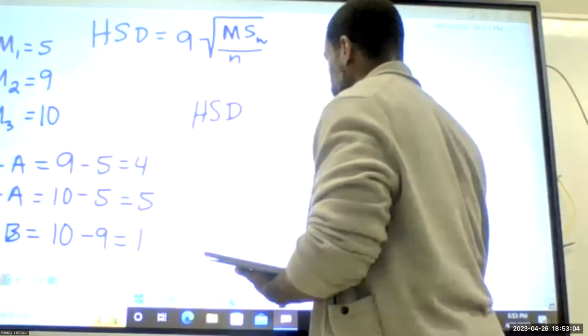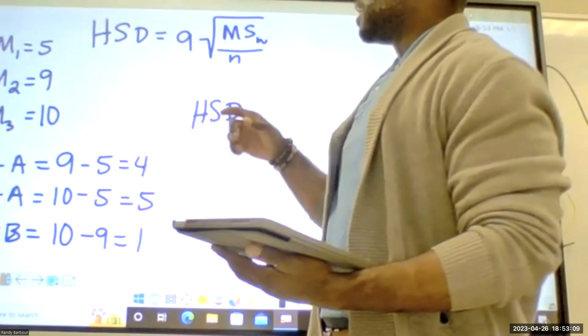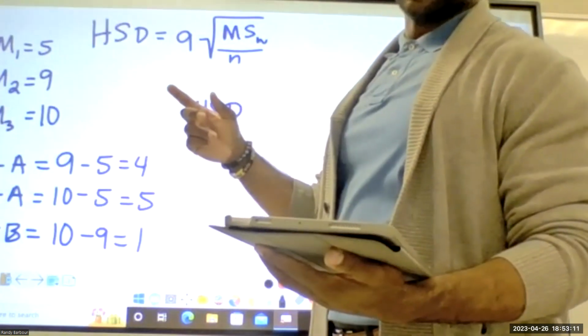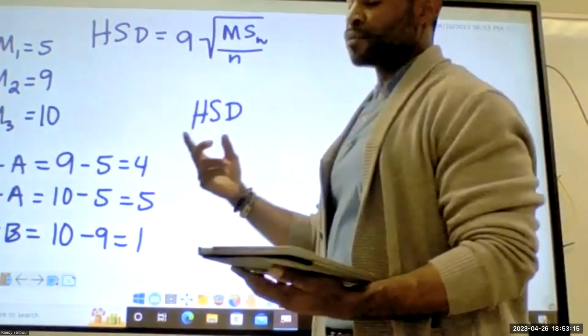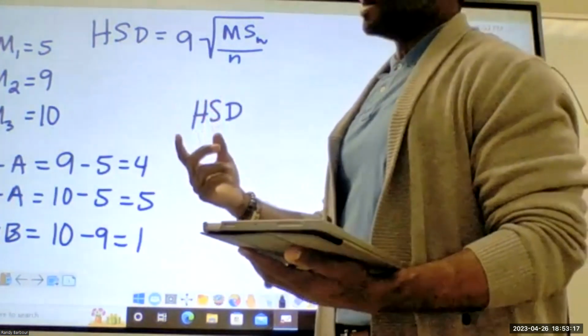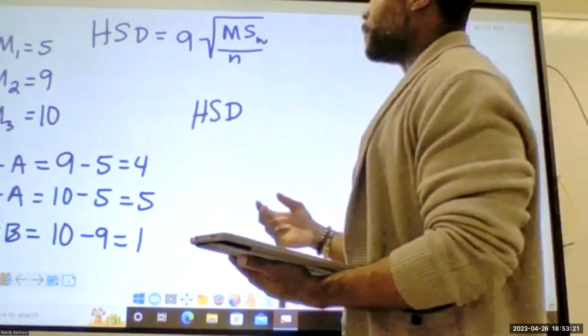The Q value is the critical value that I get using the alpha level and my degrees of freedom. Degrees of freedom are 2 for the between group and 15 for the within group.